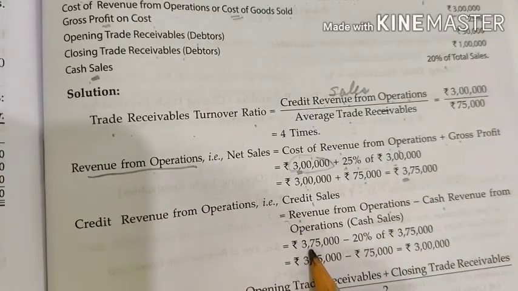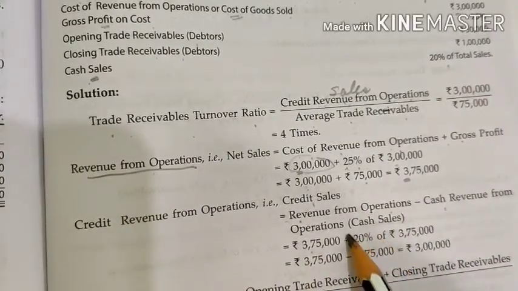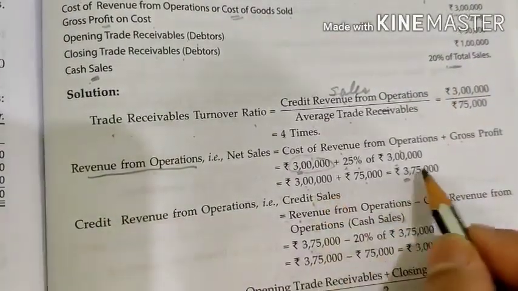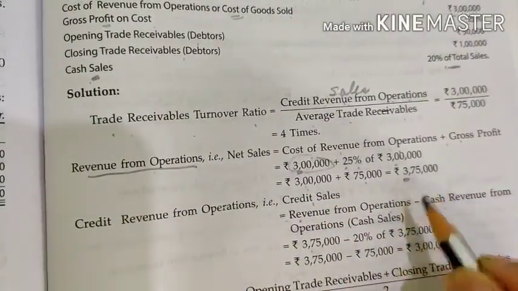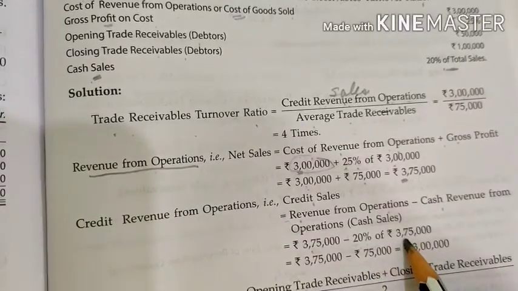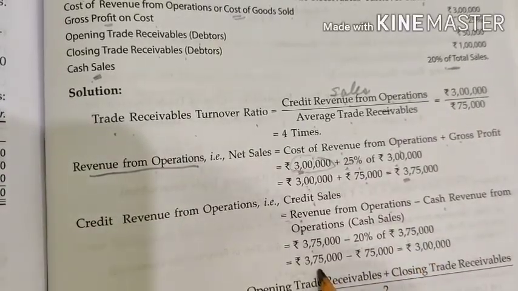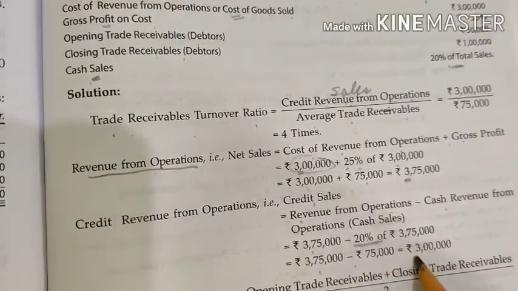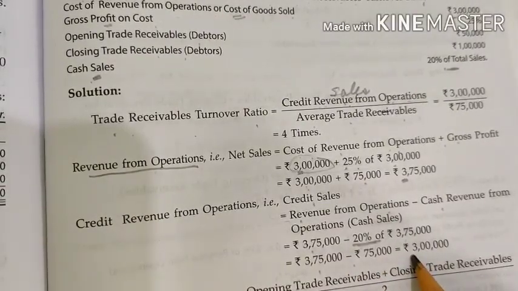So here you have 3,75,000 minus 20% of total sales, means this one, revenue from operation. So 20% of 3,75,000. 3,75,000 minus 75,000 you get from here. So you have 3 lakhs. This is your credit sales.